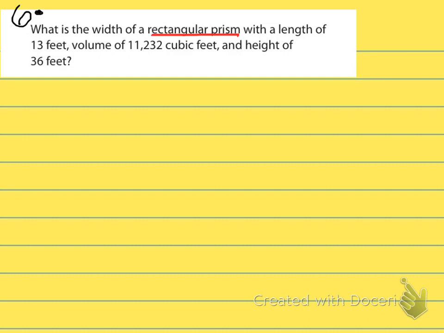So now, because it's a rectangular prism, I'm going to start with V equals LWH. So now I'm going to see what I can find within the problem itself. I can see here that the volume is 11,232. So I'm going to write 11,232 right here.